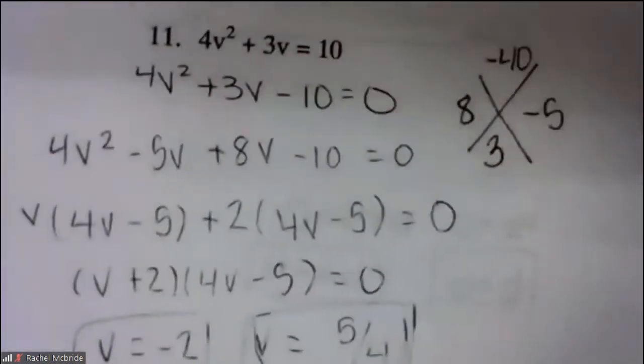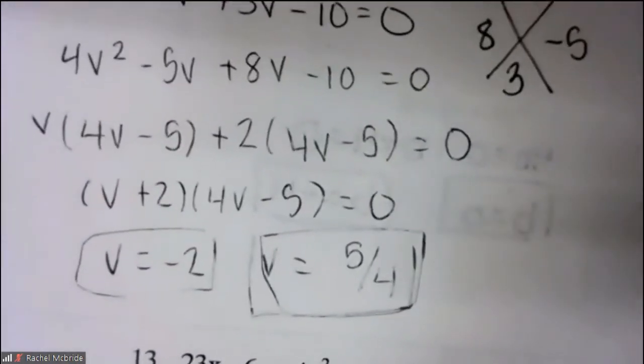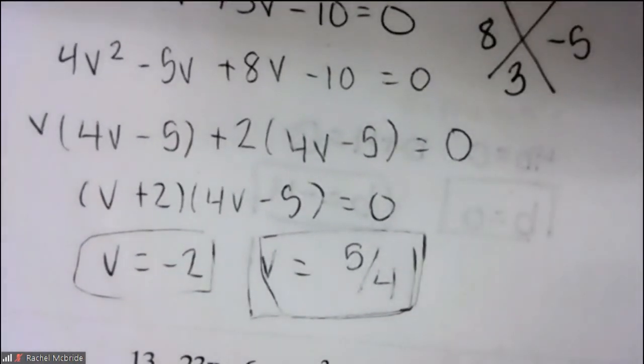I keep getting Ryan, number 11. That's what I got. So let's look at 11 in case Miss Jenkins actually got -4 and -11.